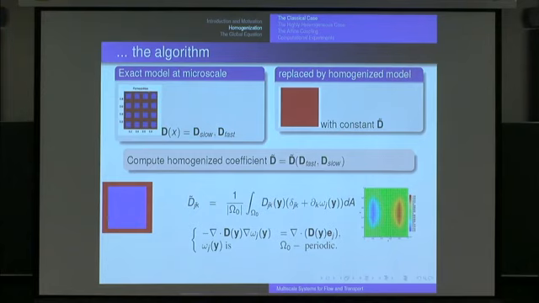But periodicity, by the way, has nothing to do with it here. In a low contrast case, we can replace that by a medium with a single permeability, okay? And the solutions are very, very close to each other.